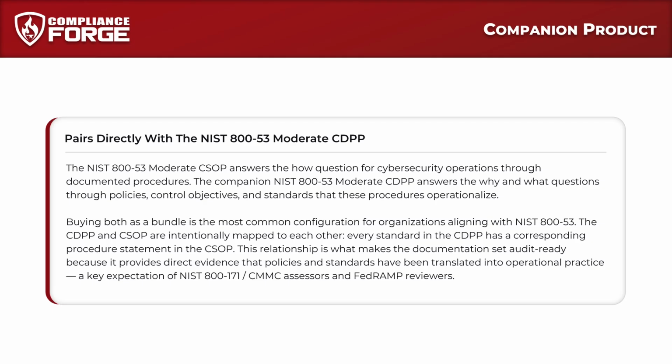Buying both as a bundle is the most common configuration for organizations aligning with NIST 853. The two are intentionally mapped to each other. Every standard in the CDPP has a corresponding procedure statement in the CSOP. That relationship is what makes the documentation set audit-ready, because it provides direct evidence that policies and standards have been translated into operational practice. A key expectation of NIST 800-171 and CMMC assessors and FedRAMP reviewers.